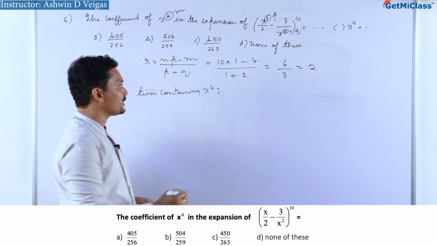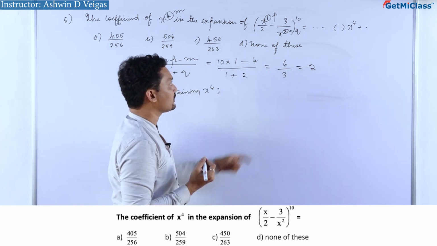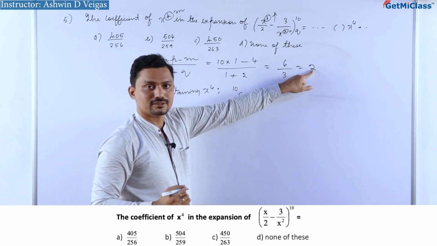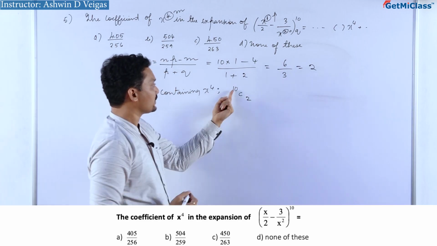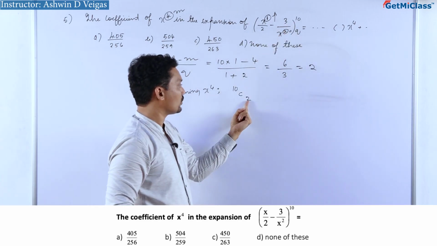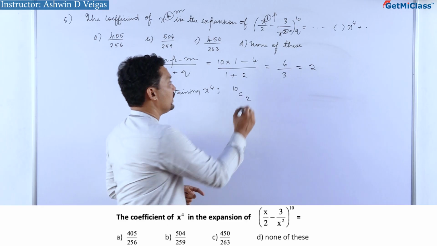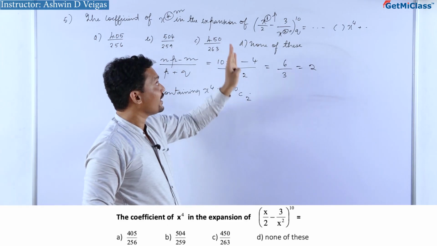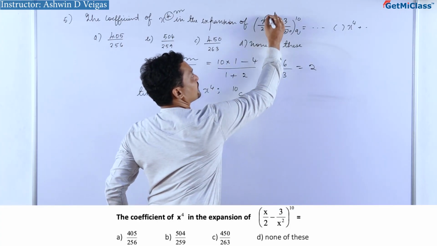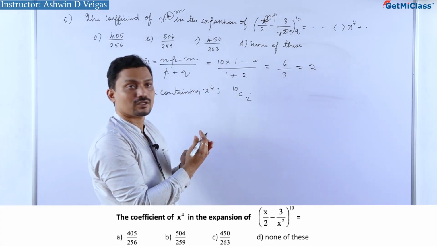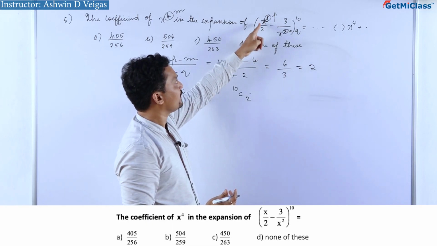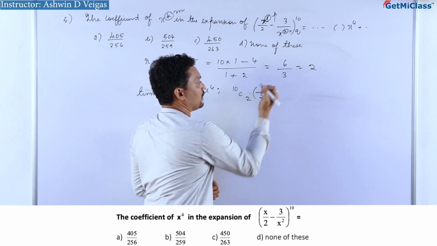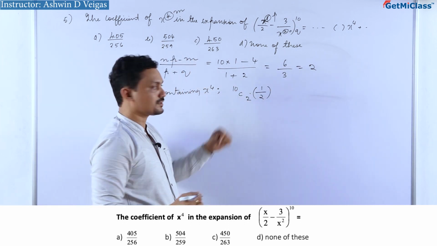First write n, C, r, that is, here you write n, and here the value of r that you have got, into, next, go to the first term, forget the x term, and write the coefficient of that x. The coefficient of x is half here, so just write half. Then in the power, just write the difference.